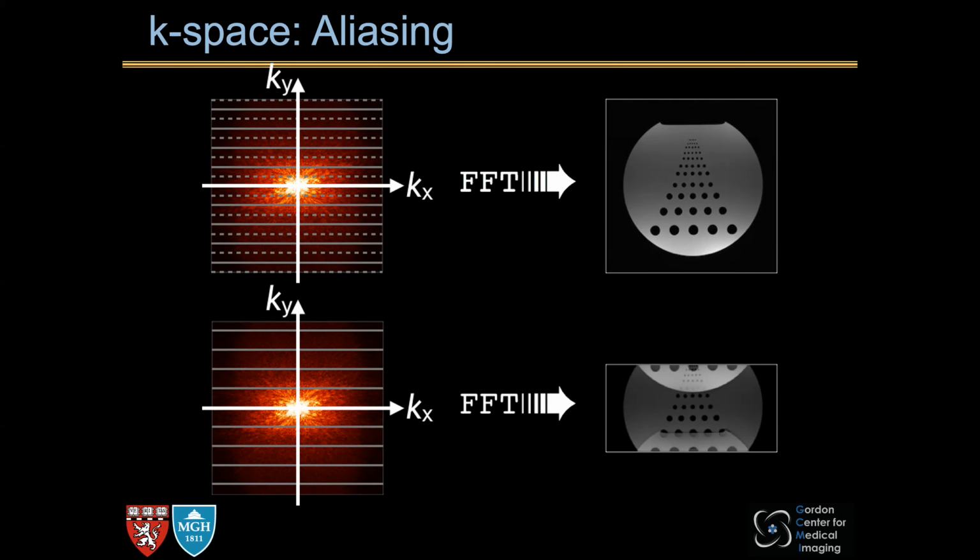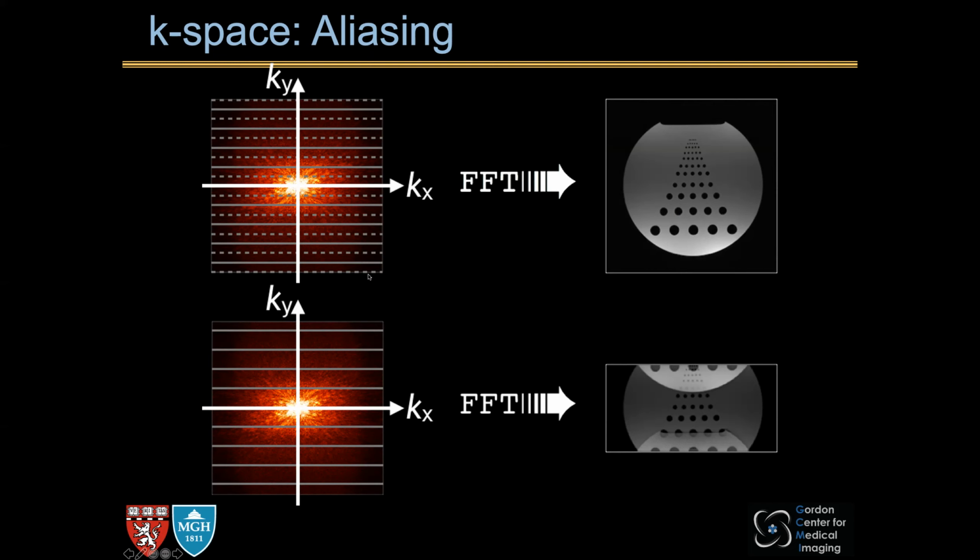One is how densely should we sample the K-space. The other is to what extent we should sample the K-space. For the first question, the images on the top show the case where we have a properly sampled K-space with proper density, and then we have this image reconstructed, shown on the right.